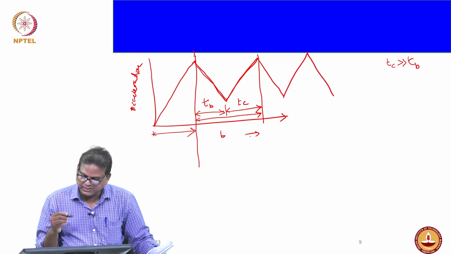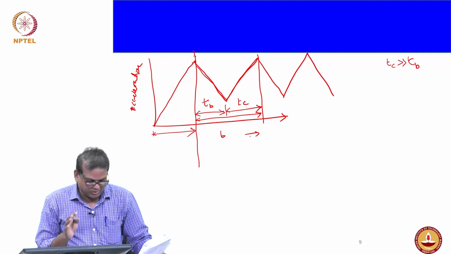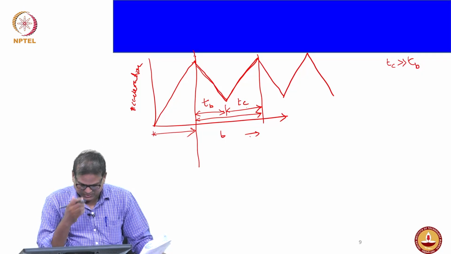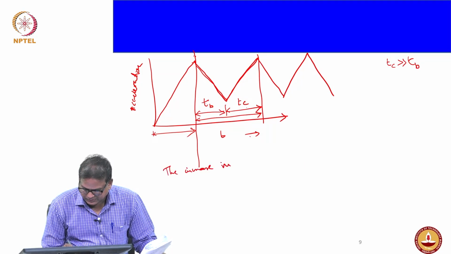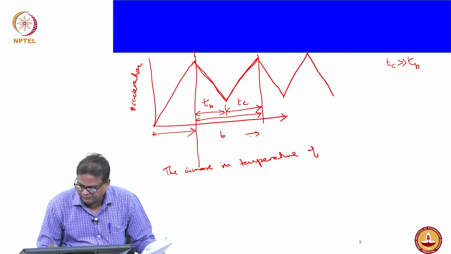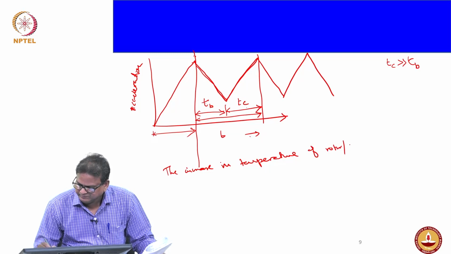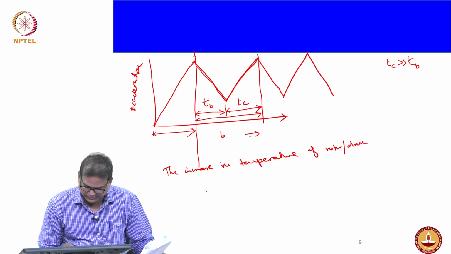So we want to understand how much the temperature is going to rise in the brake system within the braking. The increase in temperature of the rotor or drum, delta T, I need to understand.